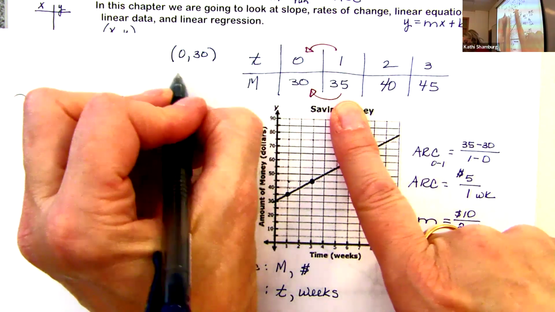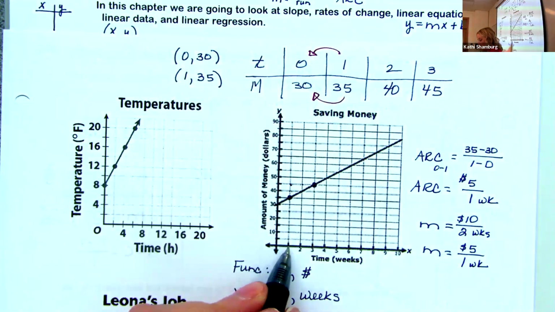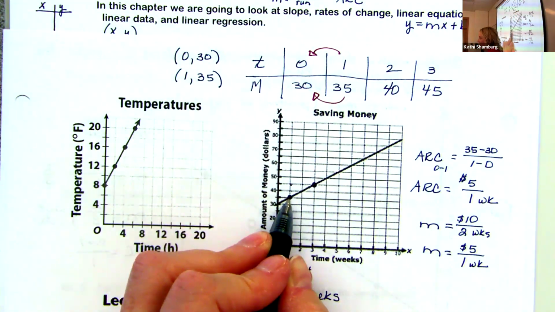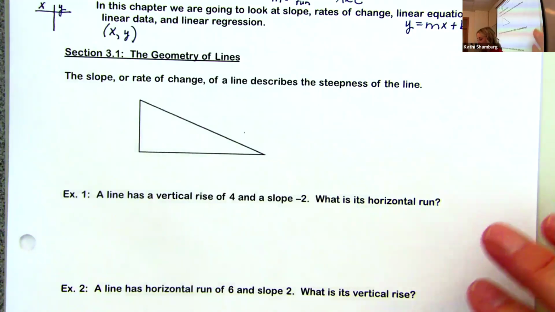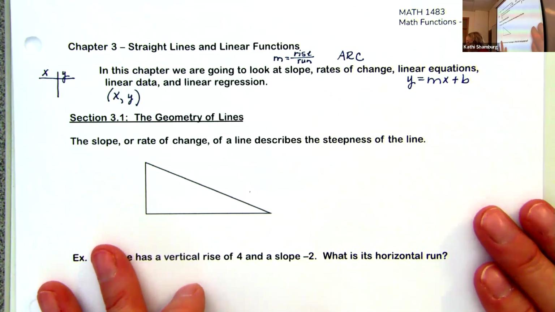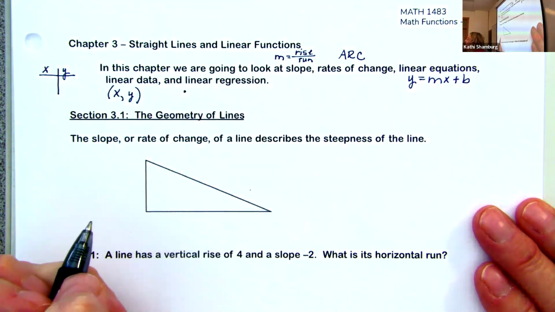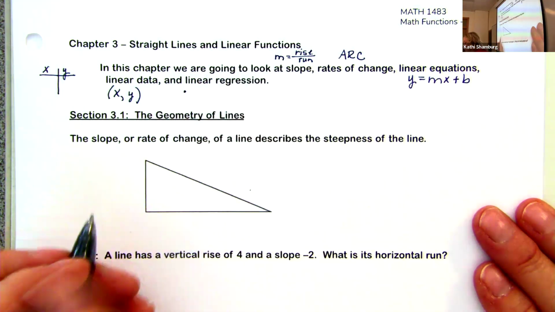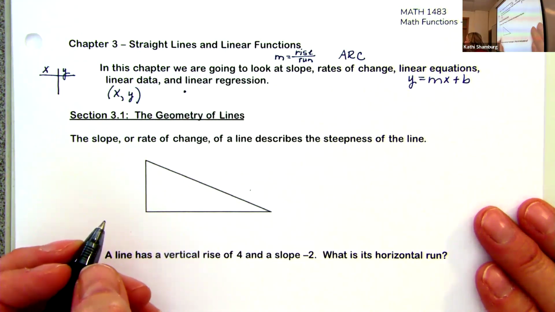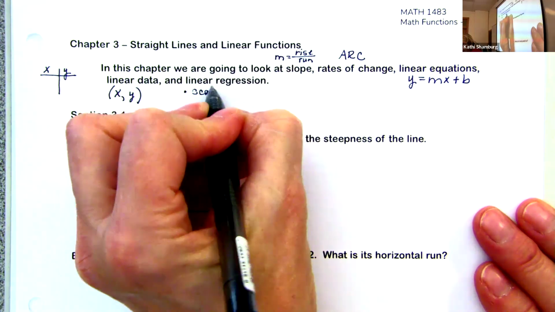This next one would give you the ordered pair 1, 35, which we would go over 1, up 35, and it would be that point. So that's what it's talking about when it says linear data. And then something that is going to be probably new to you, that as we go in the unit we'll get into, is linear regression. So we're going to be looking at what are called scatter plots.